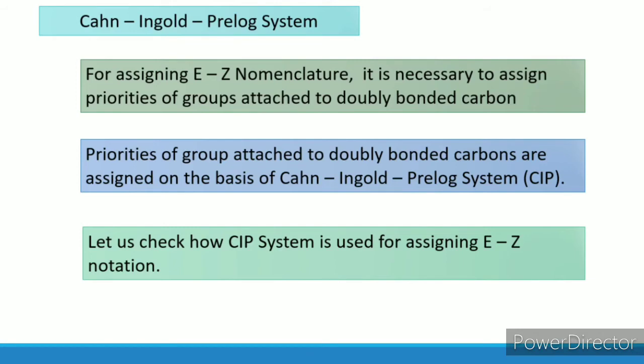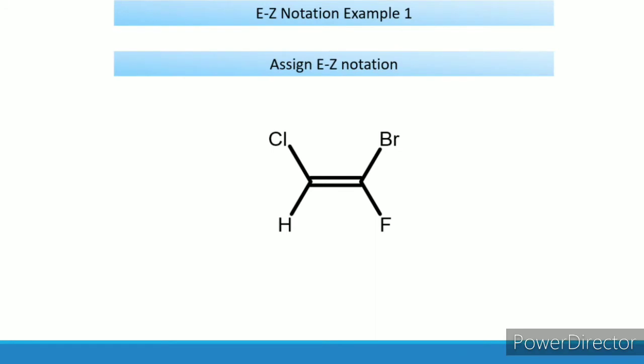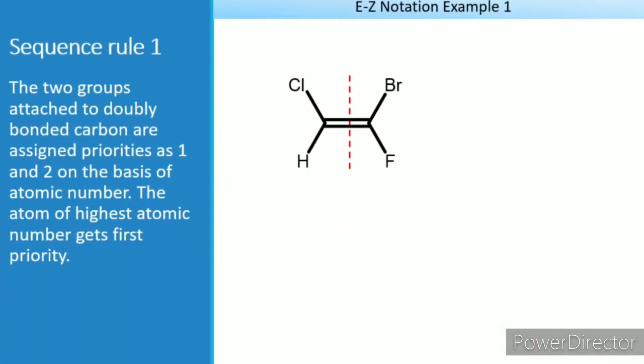Let's check a few examples. Suppose you want to assign EZ notation to this compound. We will apply the first CIP rule, also called the sequence rule, which states that the atom of highest atomic number gets first priority.